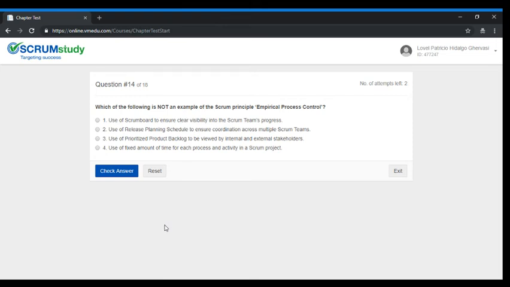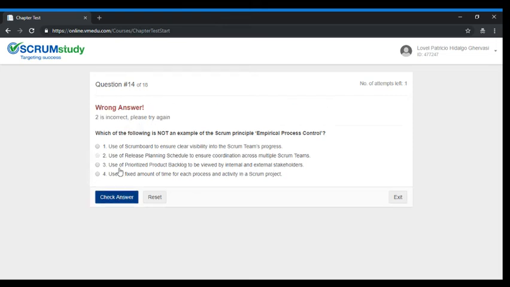¿Cuál de los siguientes no es un ejemplo de un principio de Scrum de proceso de control empírico? Usar Scrum Board para asegurarnos la visibilidad clara en el proceso del equipo de trabajo de Scrum. Usar la planificación para liberar el cronograma y asegurarnos la coordinación entre múltiples trabajos de Scrum.